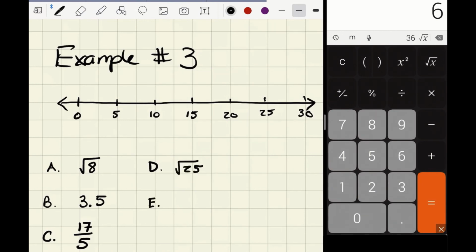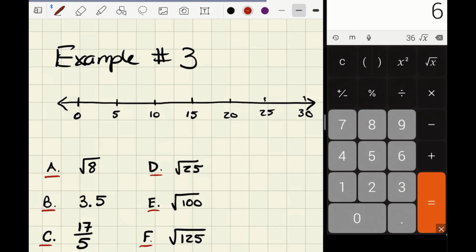Point E is going to be the square root of 100. And the last value is going to be the square root of 125. So right now what you need to do is place these 6 letters on the number line. Ready, set, go. All right, we're back.